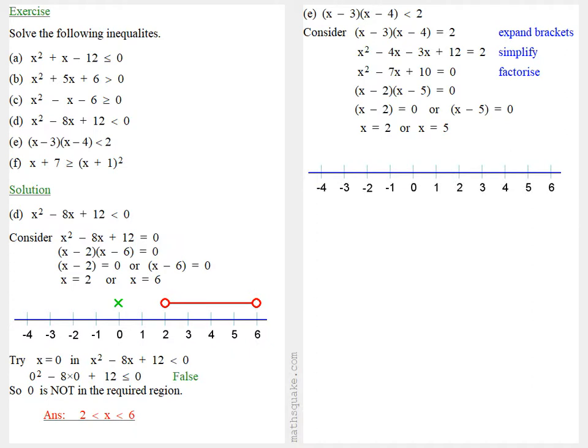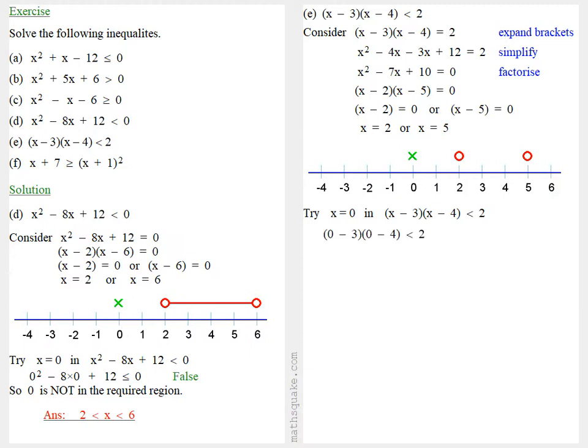So, on the number line we draw in 2 points above 2 and 5. Now they're left hollow or unfilled because there's no equality sign in the inequality, so x cannot actually take the value 2 or 5. Now to decide where to fill this in, we try another value of x, let's say x equals 0, and substitute it into the original inequality.